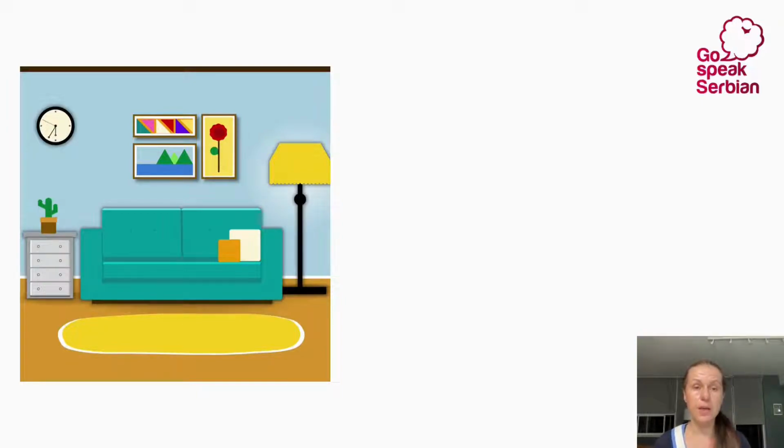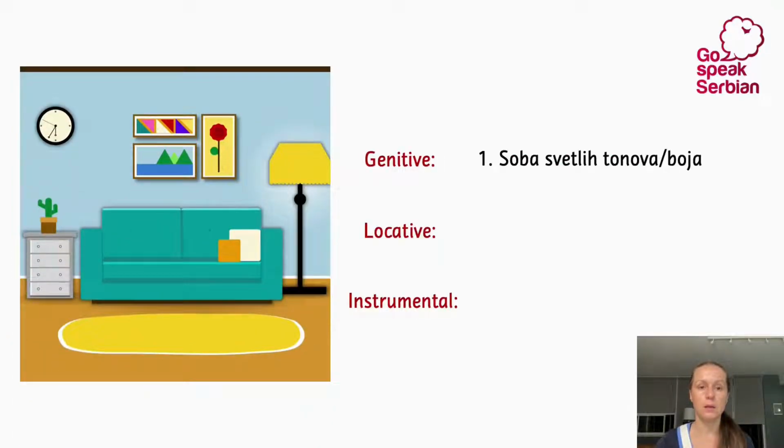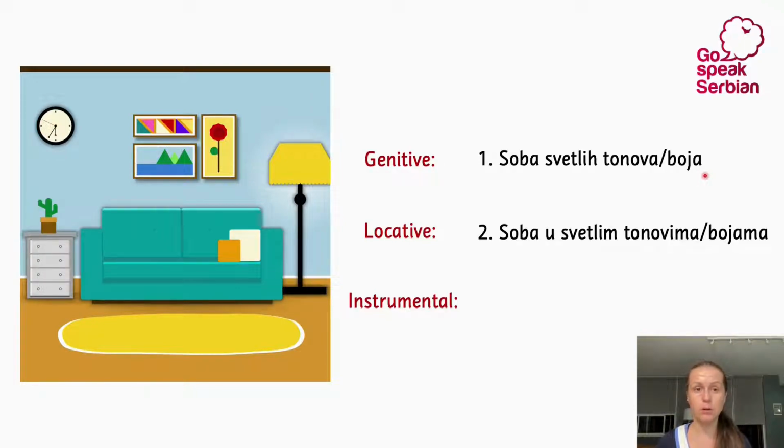Besides genitive, there are also other cases that we can use to describe the quality or the appearance of a thing or a person using colors. Na primer, soba svetlih tonova boja. This is again genitive. The room with light tones or light colors. Let's see the same meaning conveyed through locative.